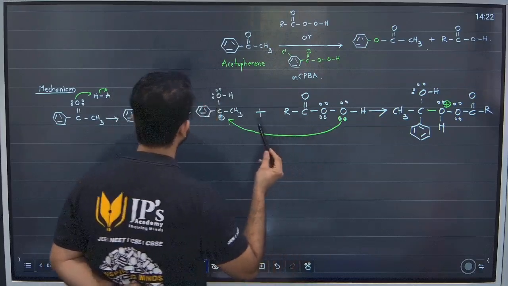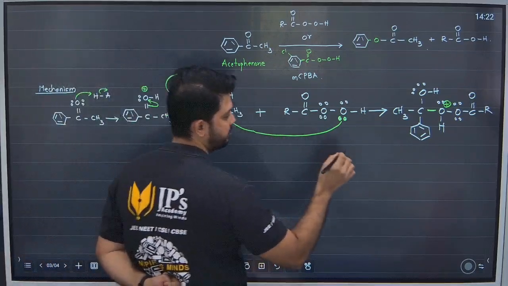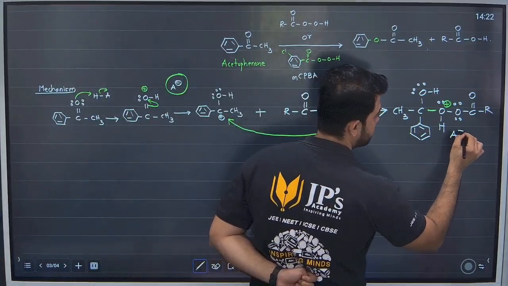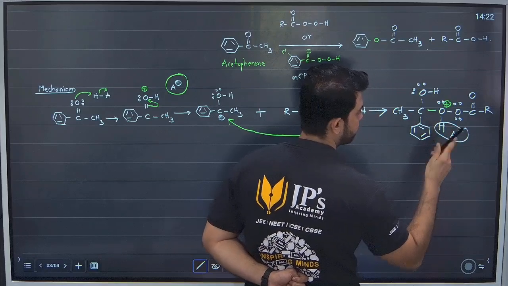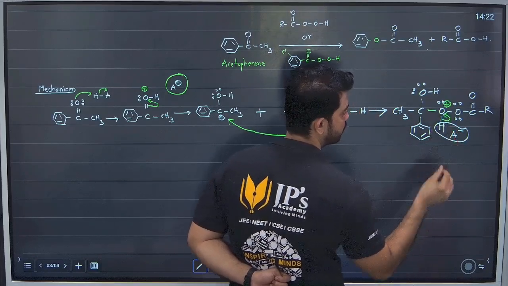And now students, this comes into the picture, the base, which will extract a proton. These electrons go back to oxygen as lone pairs.